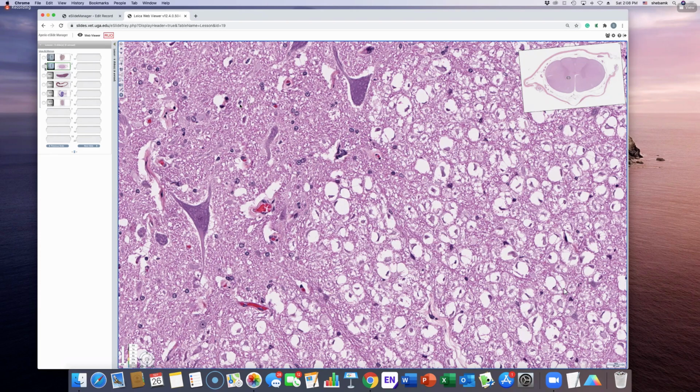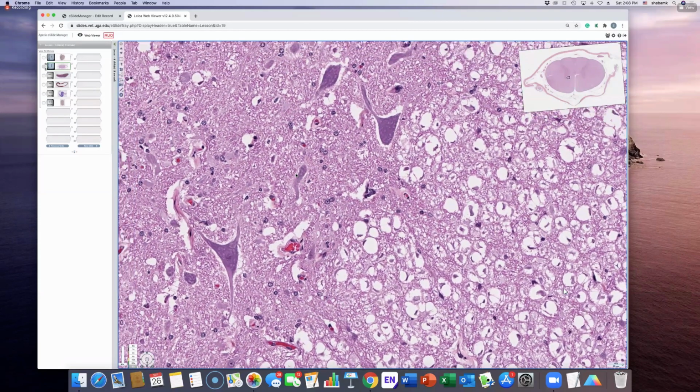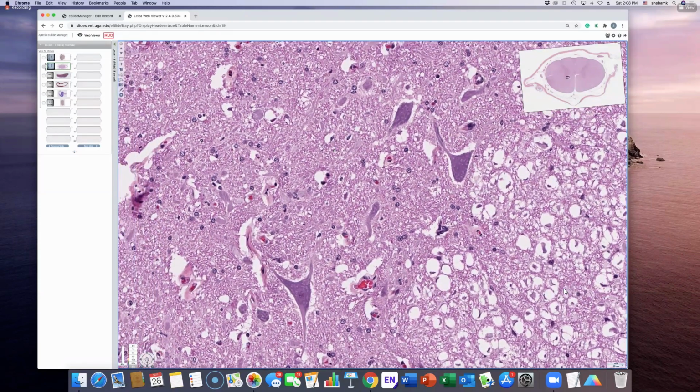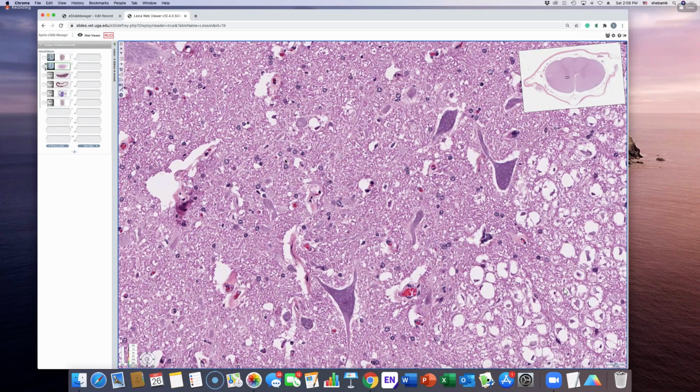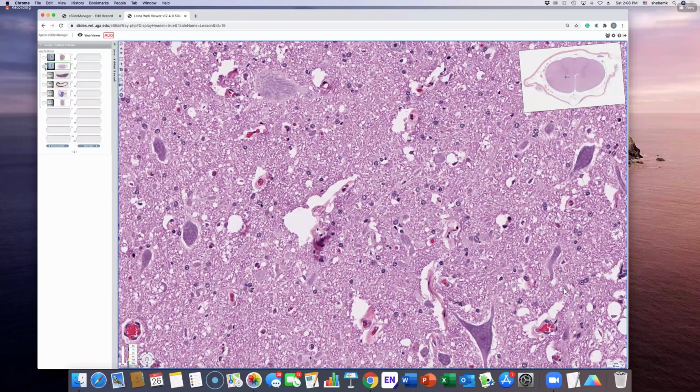Okay, and then this would be a microglia, because it has a teeny cigar shaped nucleus. Okay, but if you see a larger cell, usually the oligodendrocytes kind of hang around neuronal cell bodies, they tend to do that.